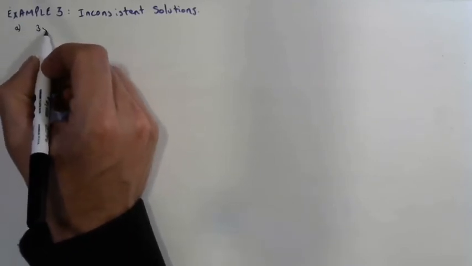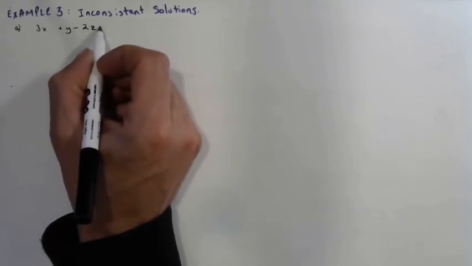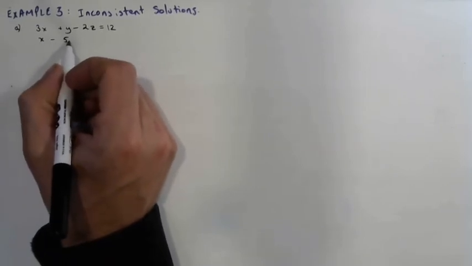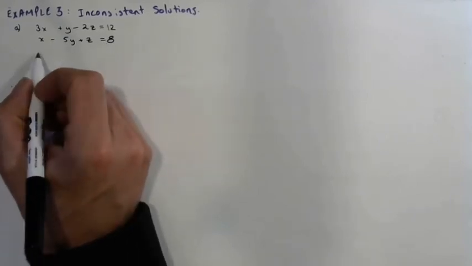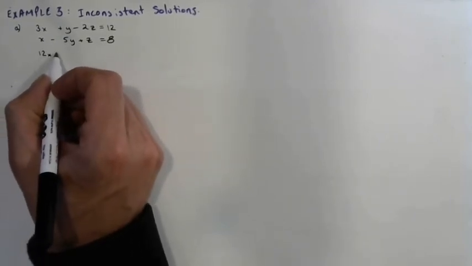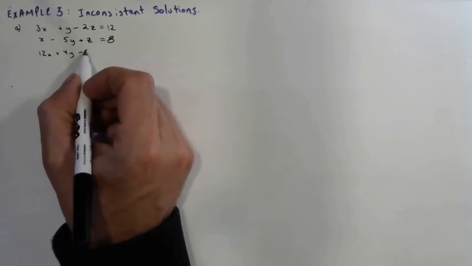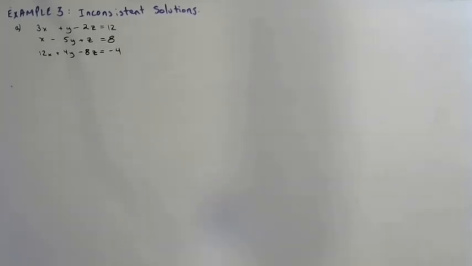So we have 3x plus y minus 2z equals 12, x minus 5y plus z equals 8, 12x plus 4y minus 8z equals negative 4.